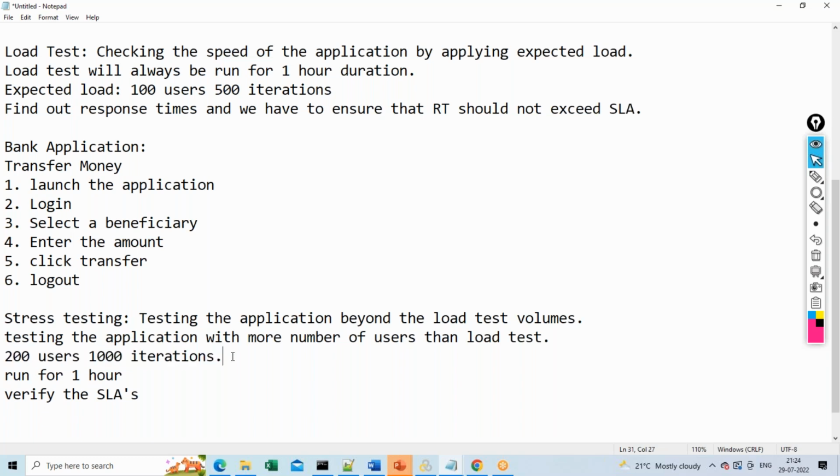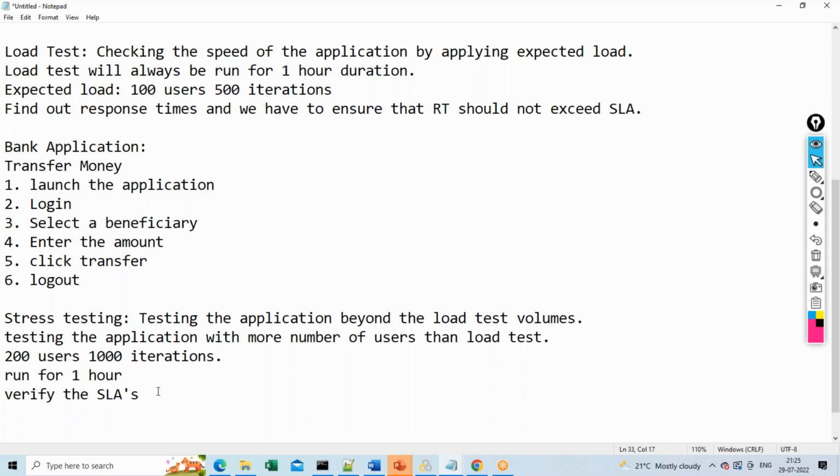So what do you mean by application breaks? When you keep on adding the load, the server will crash, or you will get errors like 500 error, 502 bad gateway error, all those things. In our upcoming sessions, we will clearly discuss the different types of errors we get. When do we get 502? When do we get 500? When do we get 503? When do we get 404, 400, 405, 401, 403?